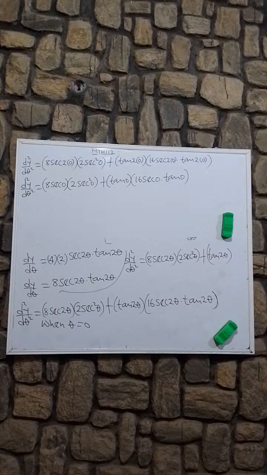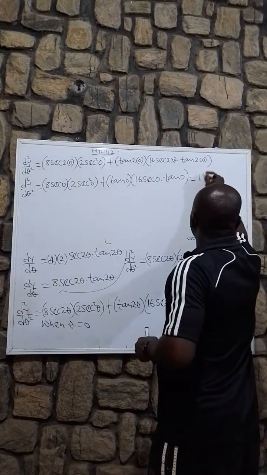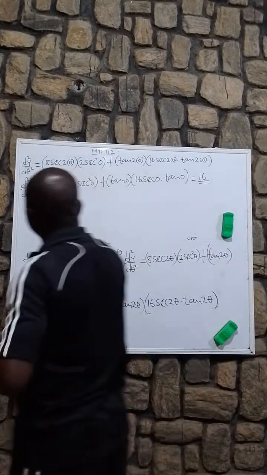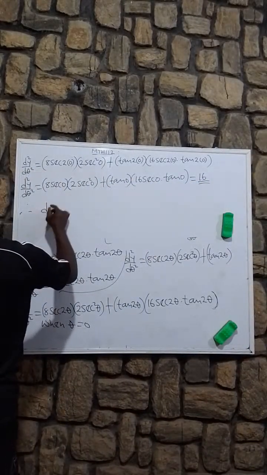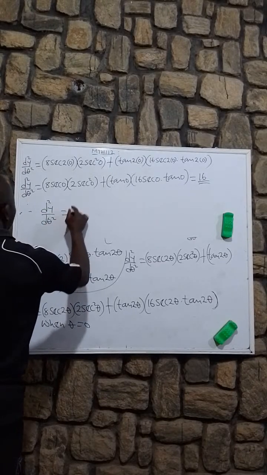So after pressing calculator, the final answer is going to be 16. Go and press your calculator. Therefore, d square y over d theta square is equals to 16.